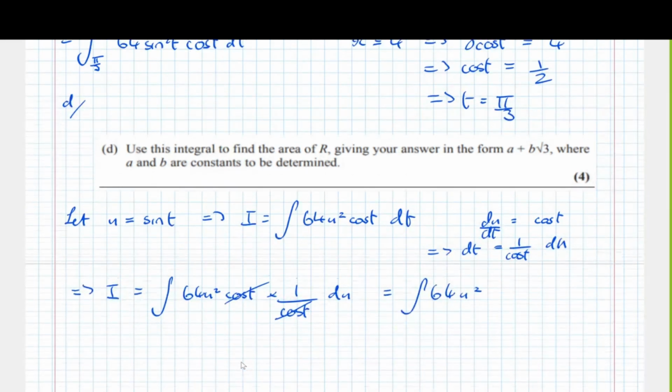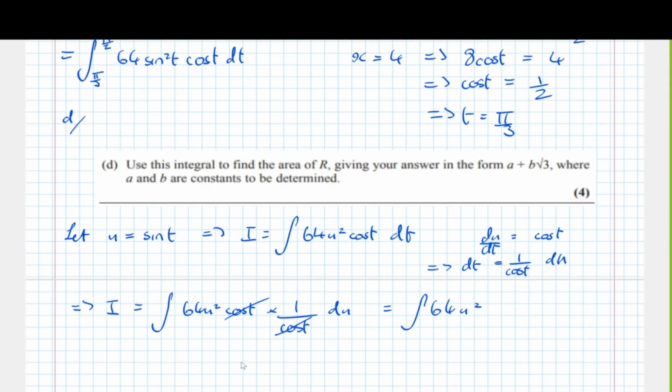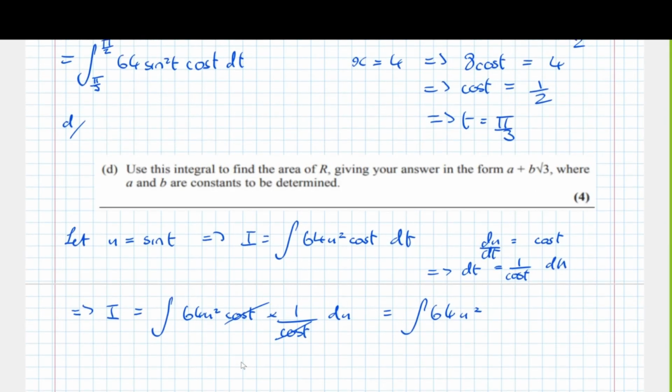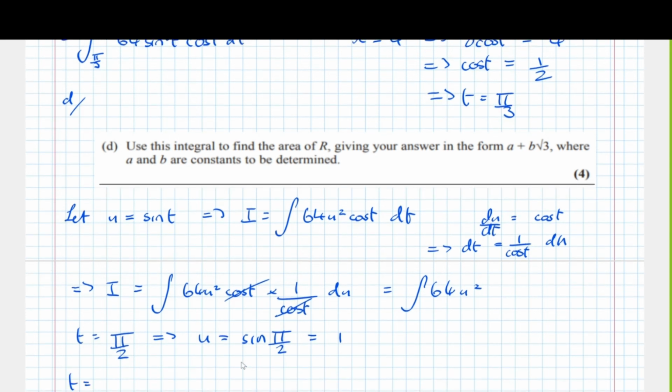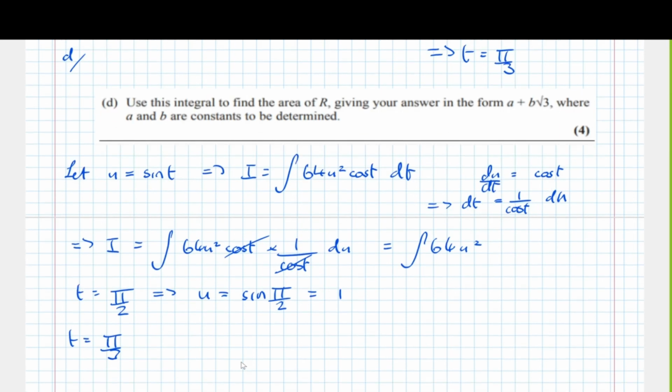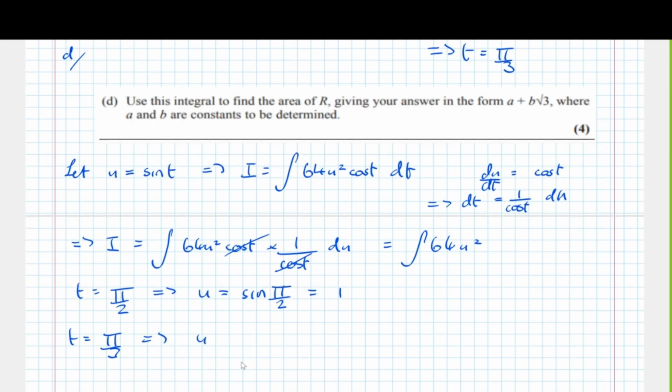Now let's sort the limits out. There were t limits and now the u limits. So t equals pi over 2 implies that u equals sine of pi over 2 equals 1. t is pi over 3 implies the u limit is sine of pi over 3.